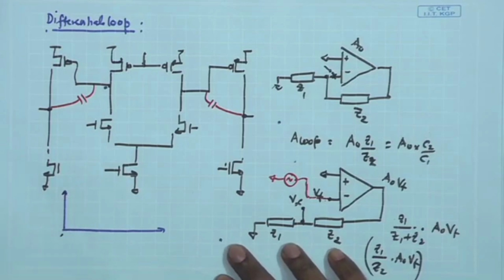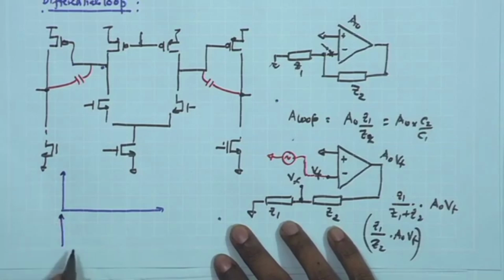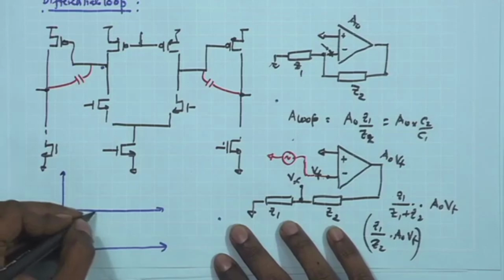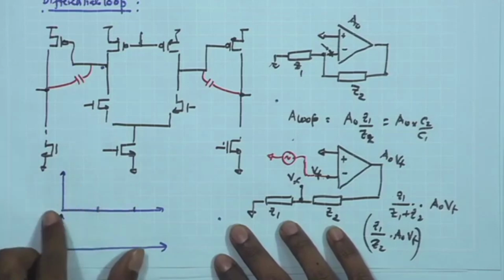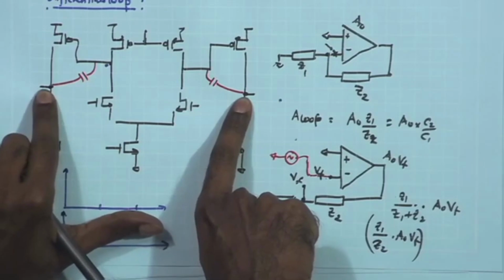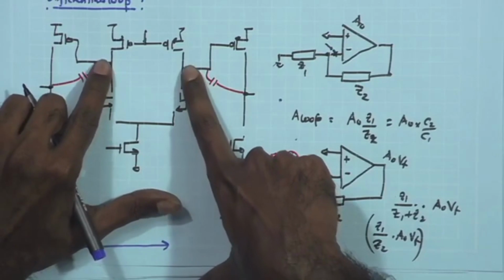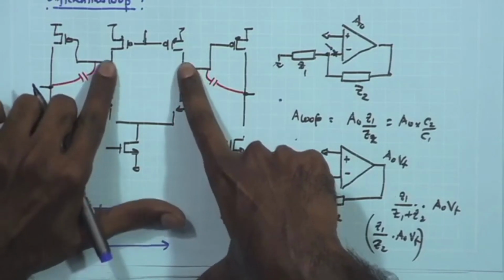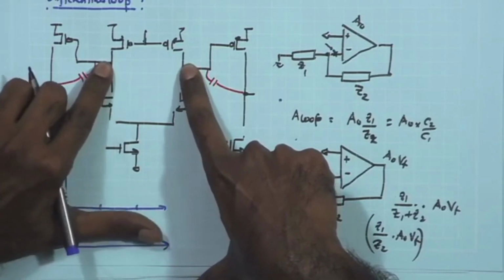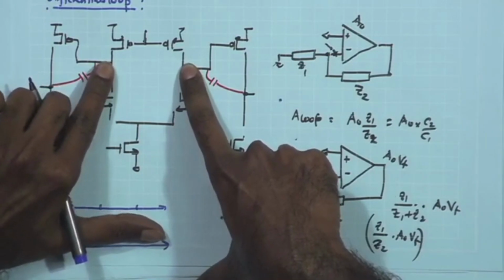poles in these two cases are almost remaining similar, right. So, if I look at these two cases for the common mode feedback loop, what we are seeing is the critical poles are at this point and this point, and the only thing is the impedance over here, if you are looking at the common mode analysis, rather than RO by 2 becoming RO, that is what we have discussed earlier, and we will go into that in a little bit more detail.